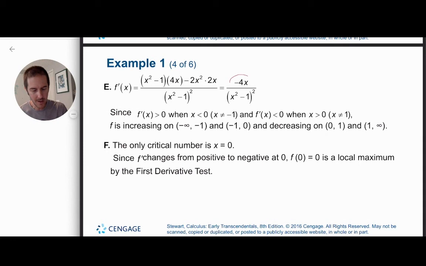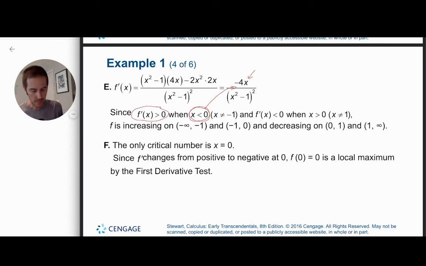So the sign of this fraction is going to be entirely determined by what's happening in the numerator. The factor of -4 is multiplying this factor of x. So when we're working with negative x values, this numerator is going to be a negative times a negative, which makes a positive. Therefore, our first derivative is going to be greater than 0 whenever we're using negative x values.